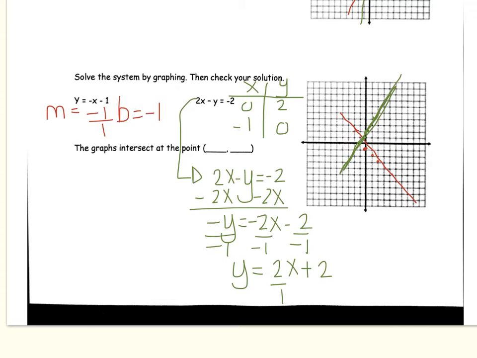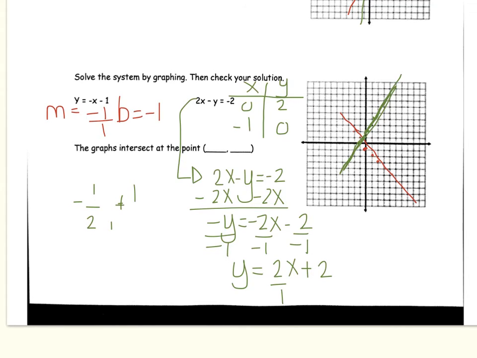And it says, what is my point of intersection? Well, it looks like it's somewhere between 0 and -1. So I'm going to say it's about -1/2 and up 1/2. It's going to be a positive 1/2.